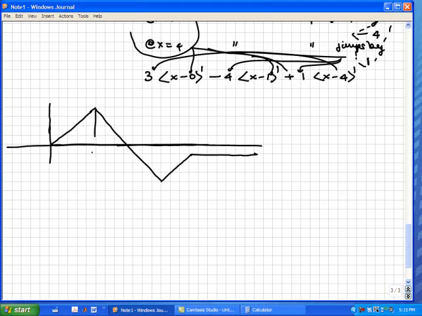So this is 5. And this is 1, 2, 3, 4. So this height is 4. This is 1, 2, 3, 4, 5, 6, 7. So this distance is 7. And this height is 1, 2, 3, 4.